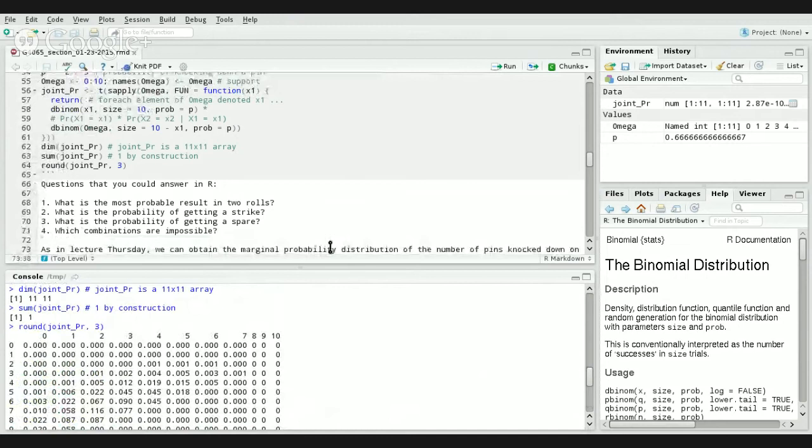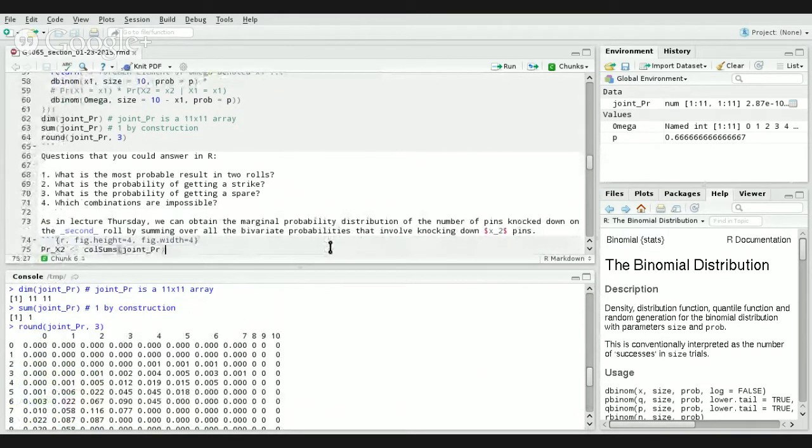Moving on. The next thing we want to go over again, in lecture we obtained the marginal probability distribution of the number of pins knocked down on the second roll by taking our set of joint probabilities and summing over all the bivariate probabilities that involve knocking down x2 pins.